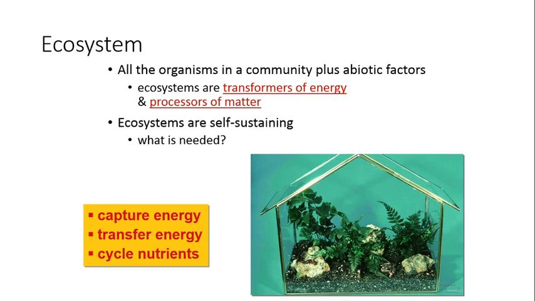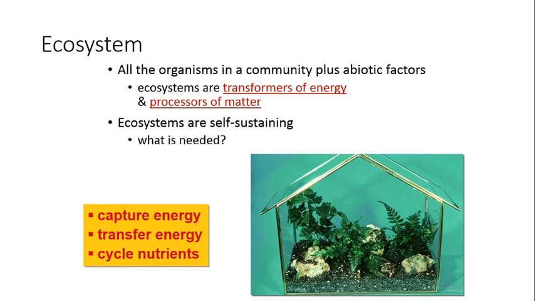The first component is the biotic and abiotic factors. Why do we require biotic and abiotic factors? The ecosystem doesn't only consist of living organisms like plants, it also consists of abiotic factors like stones and soils, from which the flow of energy is transferred.